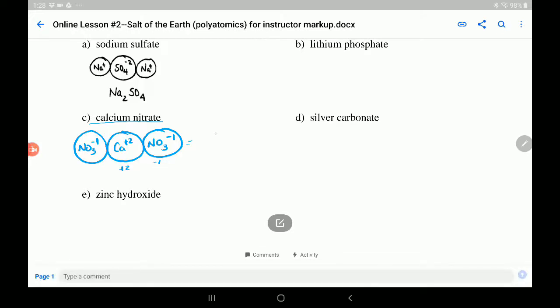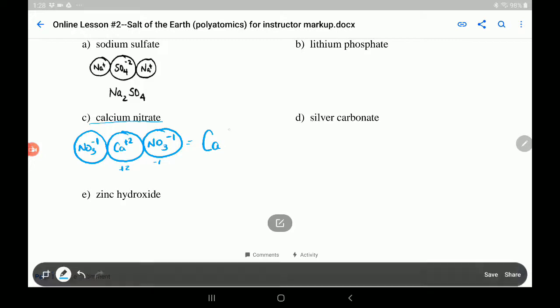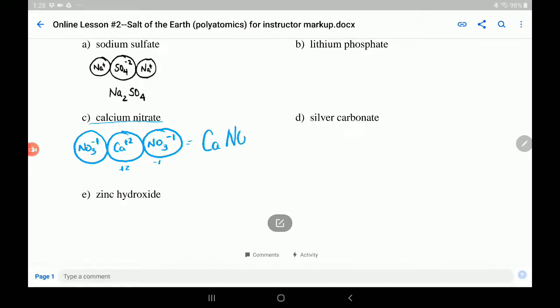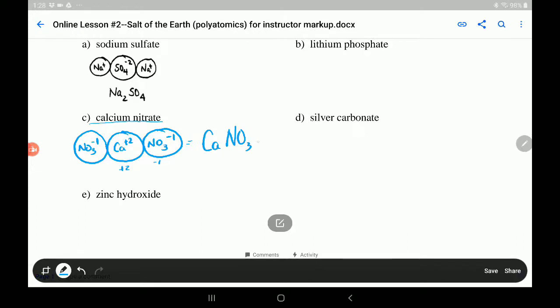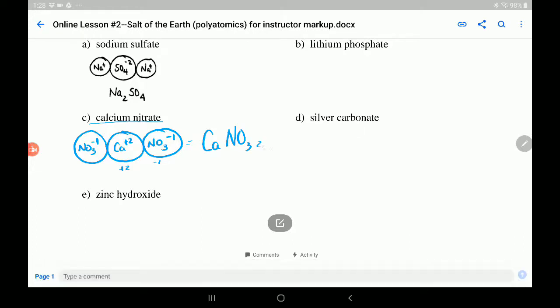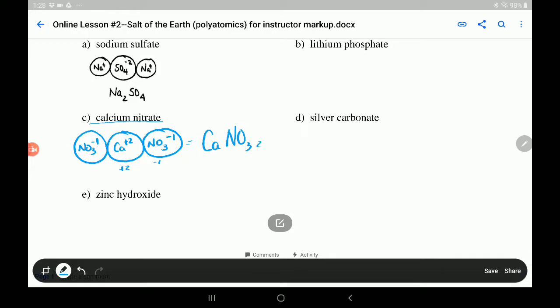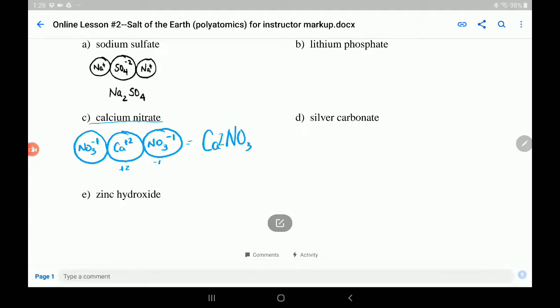Now the challenge is, how do you write that? 1 calcium. This is nitrate, and there are 2 of them. If I just wrote a 2 here, it looks like 32, so that's no good. If I put a 2 in the middle, that's no good either.